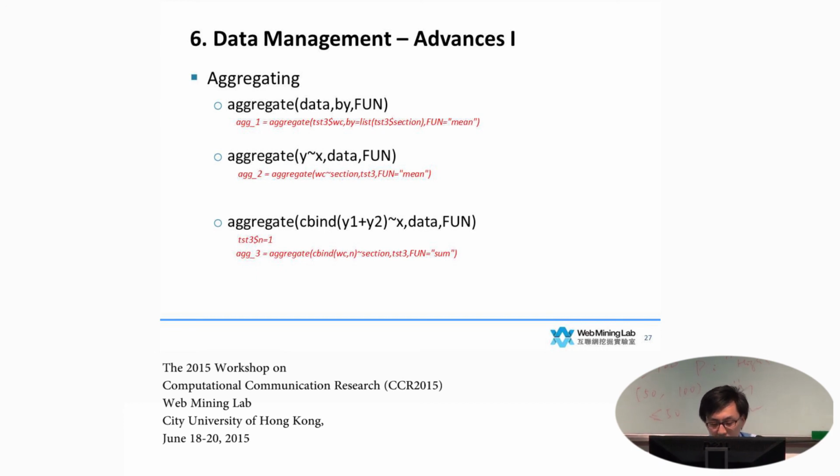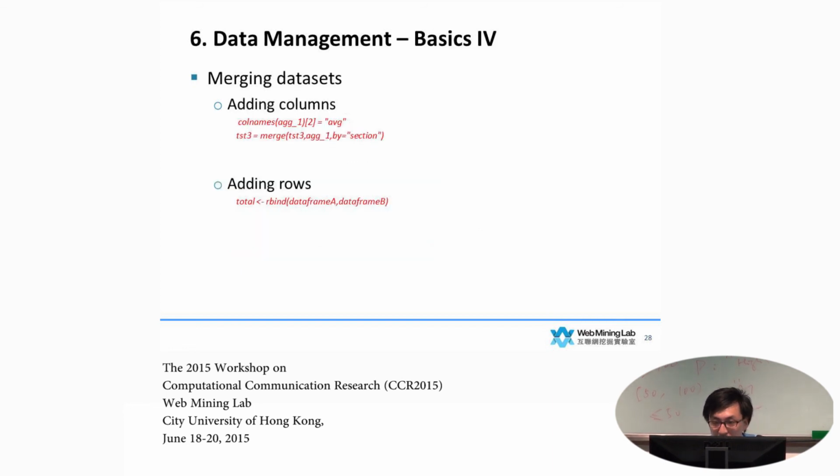Compared to the original tst3 data frame, where we have a word count for each article, now we want to merge the two data sets, aggregate 1 and tst3, into one single data frame, to see whether the word count of each article is greater or smaller than the average of the section.